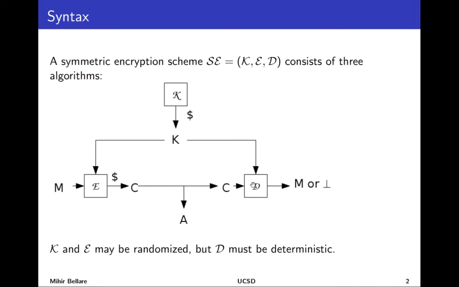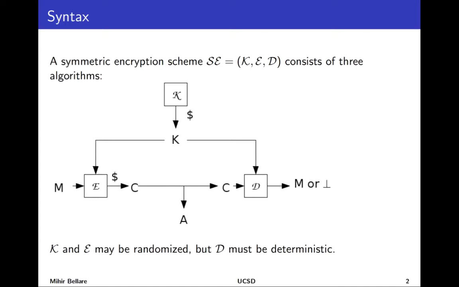The final element of the syntax is this decryption algorithm D. It'll take this ciphertext and it'll take the same key used for encryption and deterministically return an output. If all goes well, that's the same message that was encrypted, but the decryption algorithm may decide that it doesn't like this ciphertext and return this special symbol ⊥ to indicate something went wrong. Key generation is randomized.